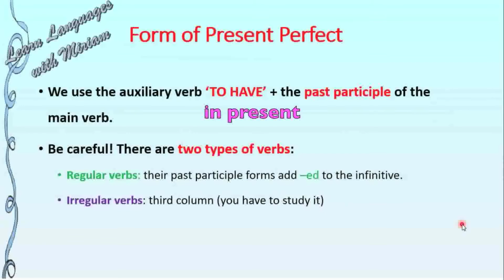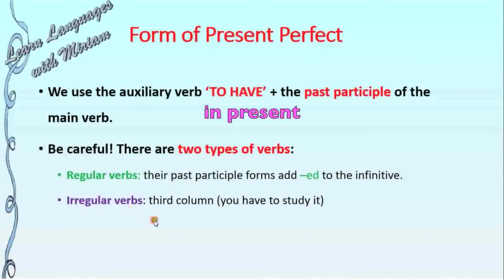How do we form the present perfect? So we use the auxiliary verb to have plus the past participle of the main verb. Be careful, there are two types of verbs. We have regular verbs, their past participle forms add ed to the infinitive, or the irregular verbs.